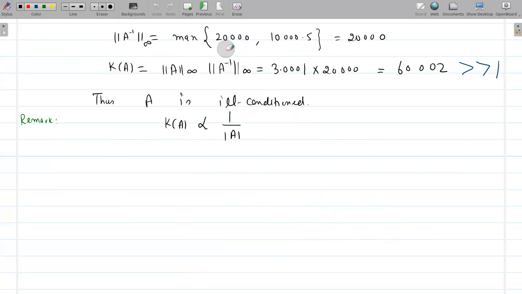And that's why condition number is very big. So in other words, condition number also depends on determinant of A, and it is inversely proportional to determinant of A. Okay. So if determinant of A is large, then so is condition number.